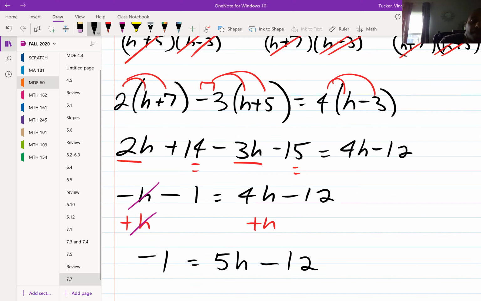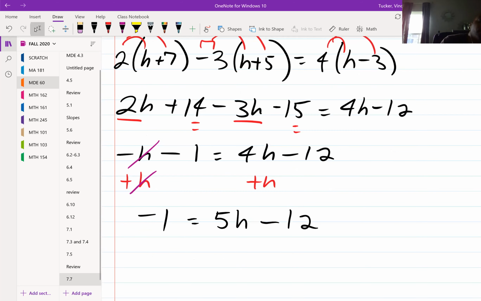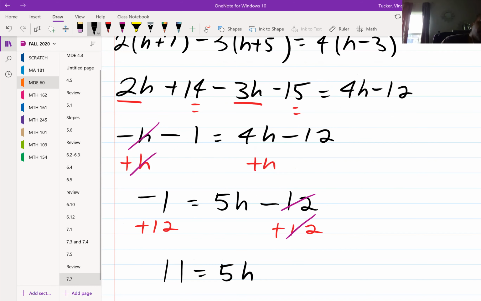You're assuming there's a 1 there. I got it. Then we add 12. That's 11. Yep. Then we got to divide by 5.